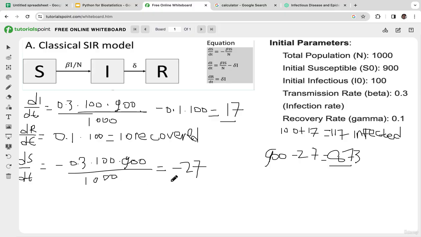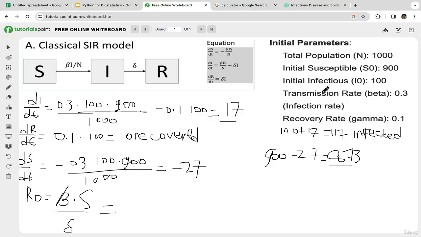The last thing that we're going to do here is to calculate the basic reproductions number, or R0. Okay, so this is the formula for R0, guys. So it's going to be beta multiplied by S, which represents the initial susceptible, and you're going to divide that by gamma, which is the recovery rate, right?